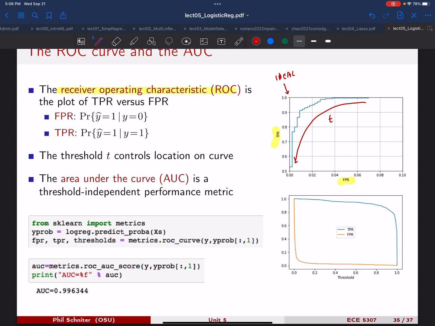This is where your true positive rate is 1: whenever the sample is 1, you are guessing y hat equals 1. And in that corner, your false positive rate is 0: whenever it's truly 0, you're never guessing y hat is 1. That would be the best place to be, the upper left-hand corner.